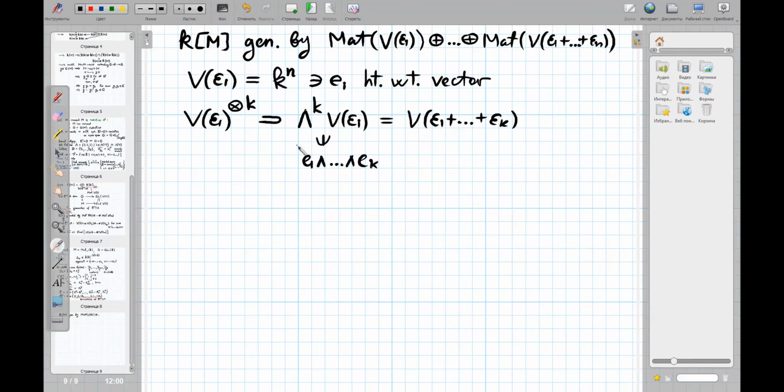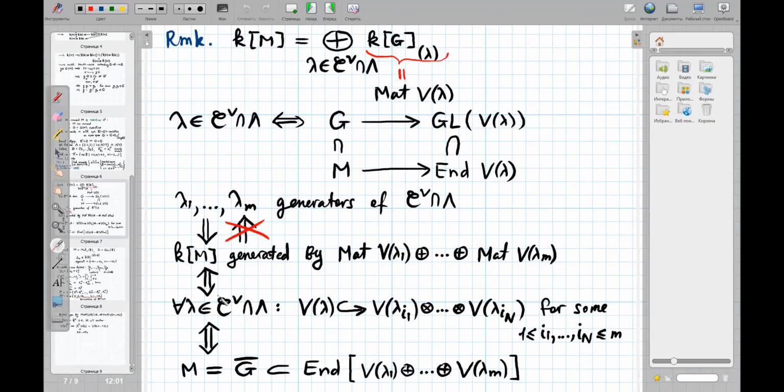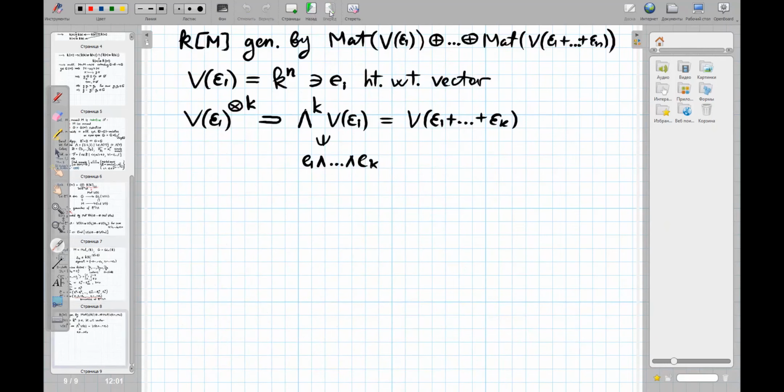So we see that all irreducible representations of GLN corresponding to the generators of the coordinate algebra of M actually lie in the tensor power of this single representation. And by the discussion of generators of K of M, it suffices to take a single representation V of epsilon 1, and all other representations will be embedded in its tensor powers.